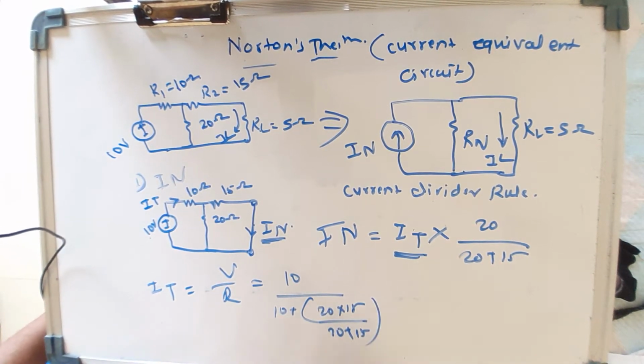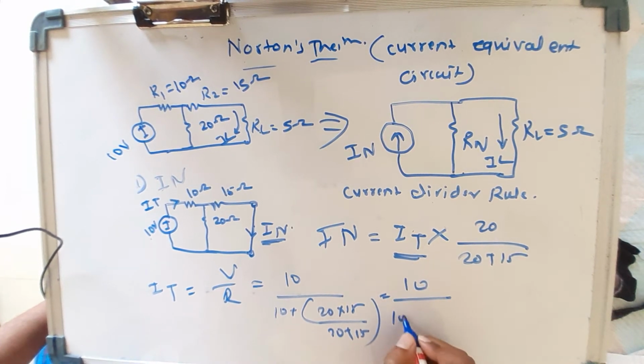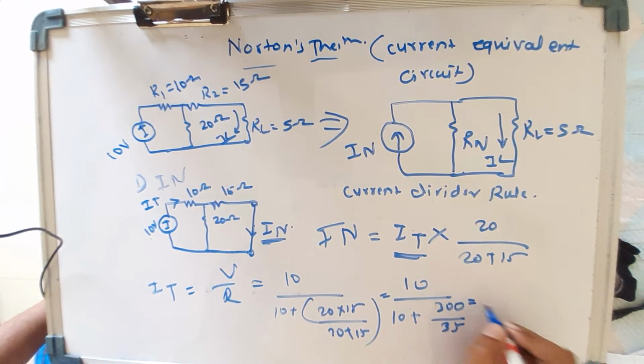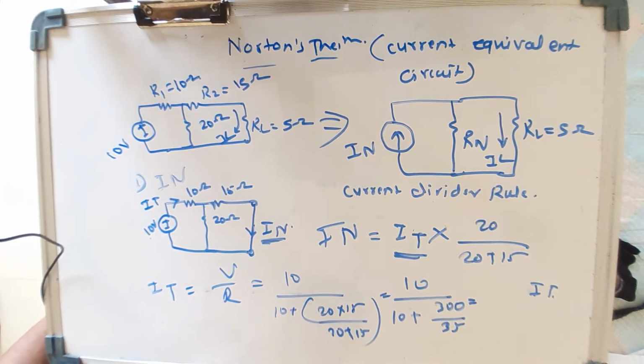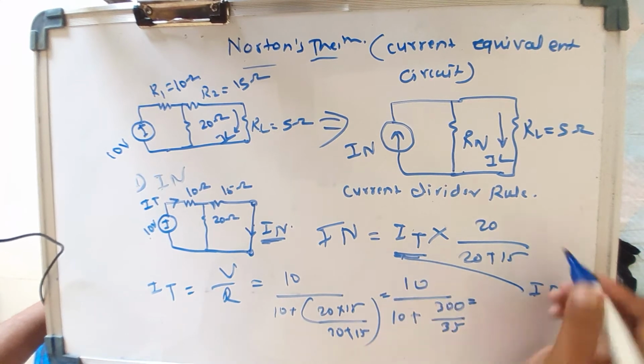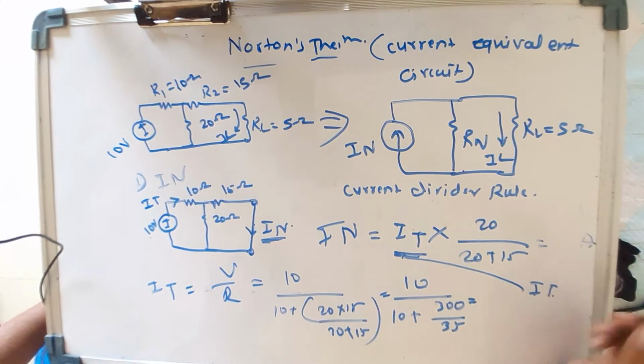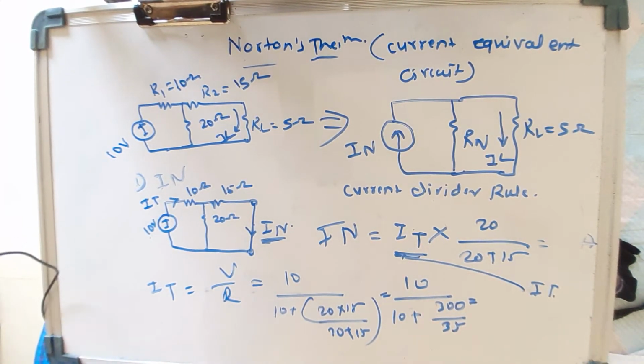So you have to solve this: 10 divided by 10 plus 300 divided by 35. Just solve it to get It. Then afterwards we put It here, and we will get the value of IN in amperes.